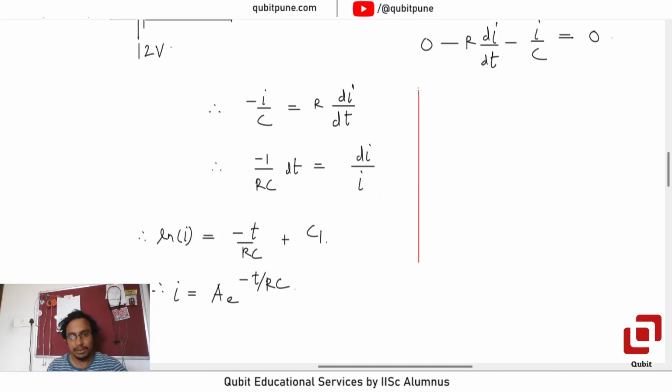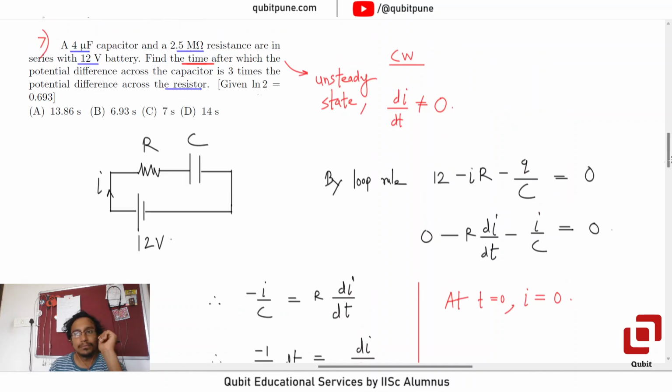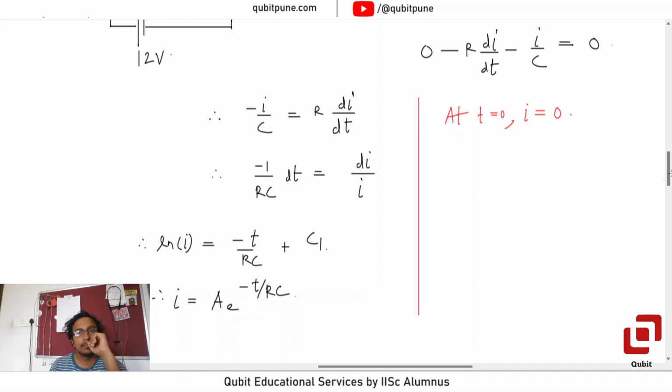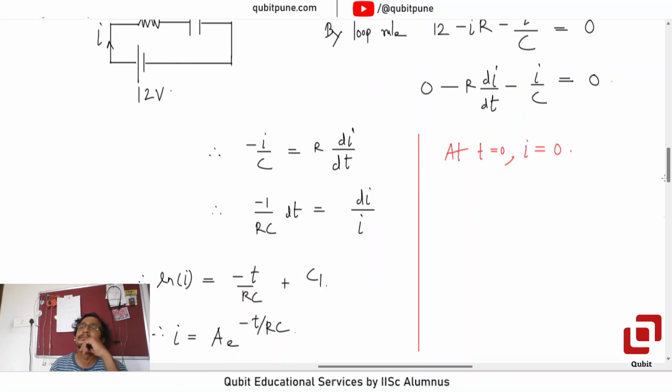Wait, why would the current be zero at t equals zero? Because in a capacitor, the current declines eventually. That means it starts from the highest value. Correct. So it won't be 0. Let's keep the constant as it is.